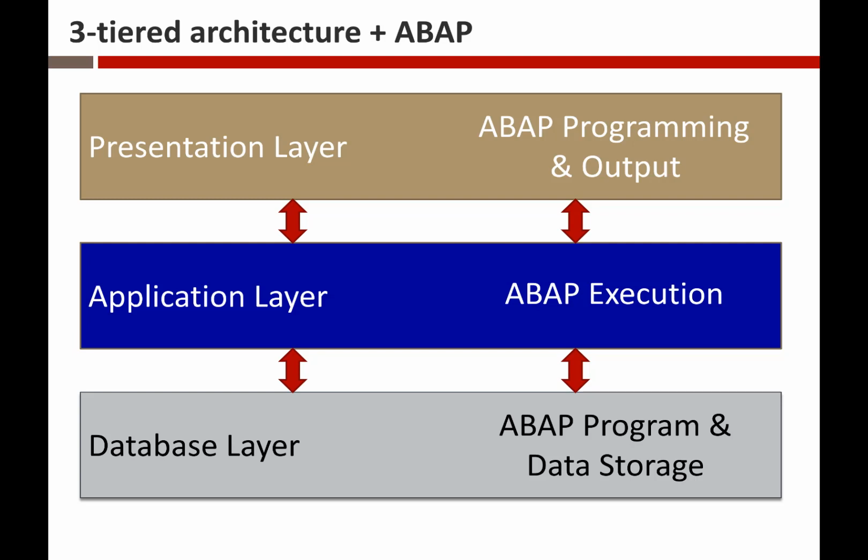There's one obvious way in which the database layer is important, and that is if we go out and pull information out of the database, or we put information into the database. So data storage is a very important part of the database layer in this overall architecture. But there's another reason why the database layer is important, and that's because every ABAP program is actually stored in the database.